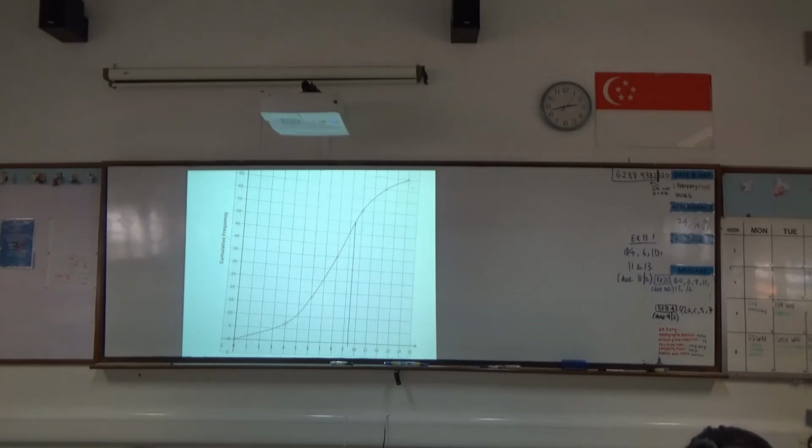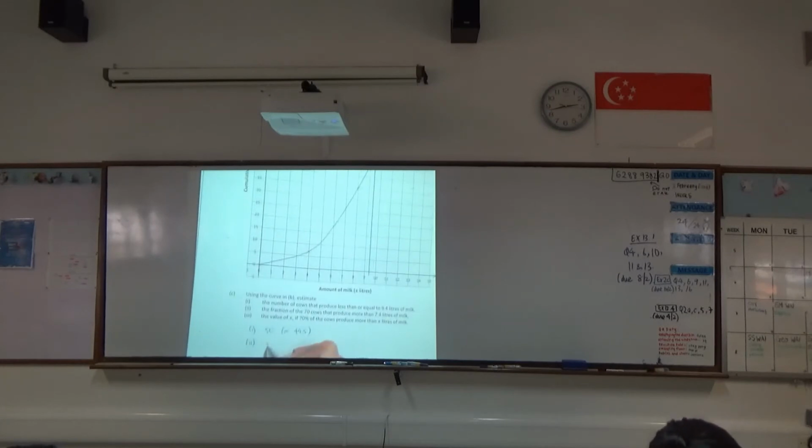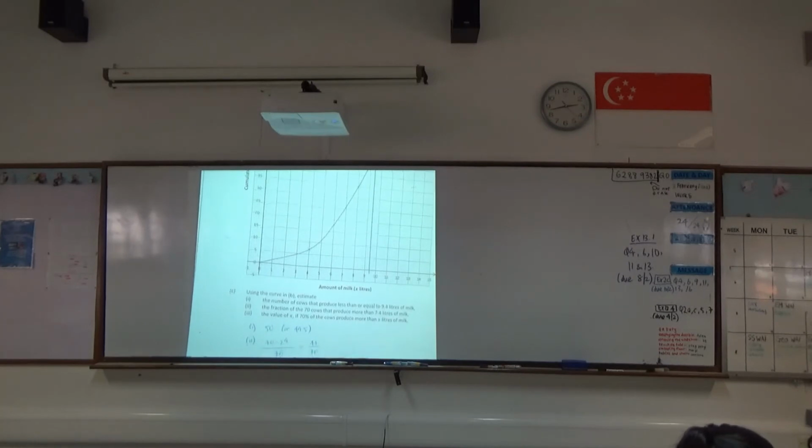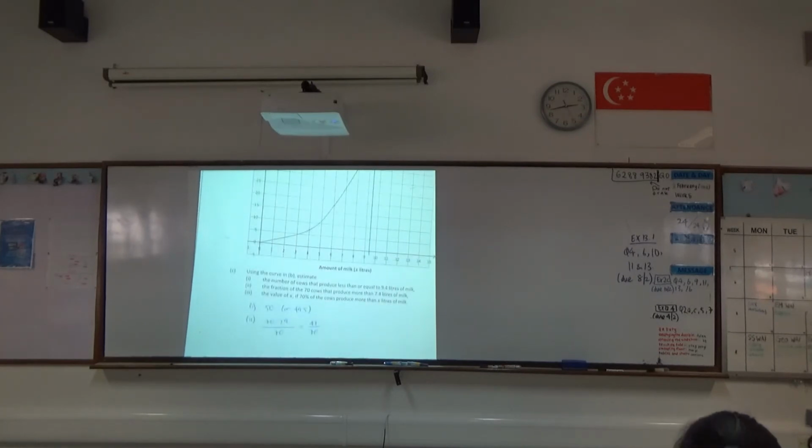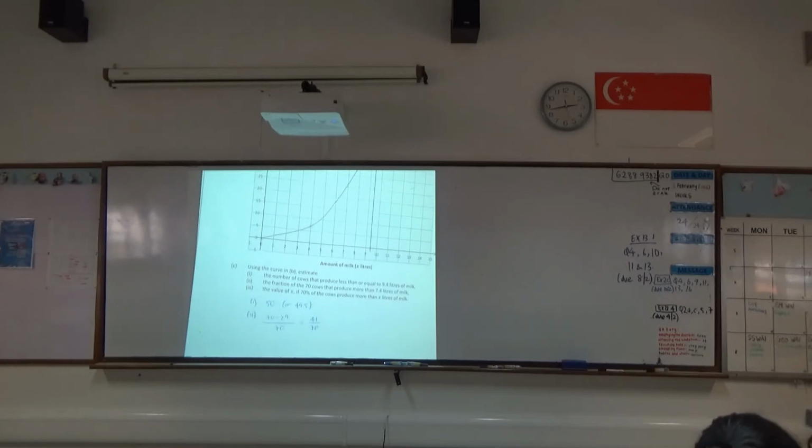How do you get that? 70 minus 29 over 70. So you got 41 over 70. Are you all agreeable to this? Does anyone have anything else to offer?